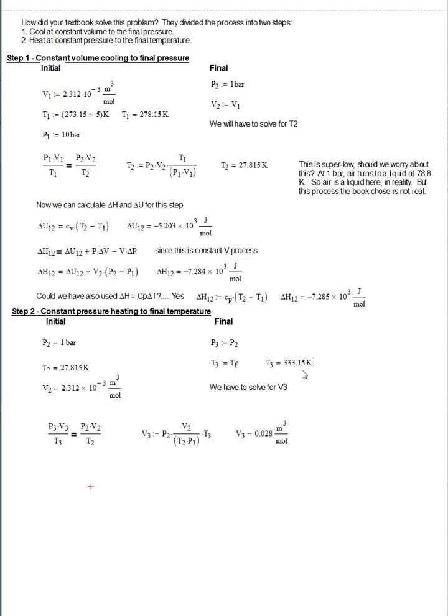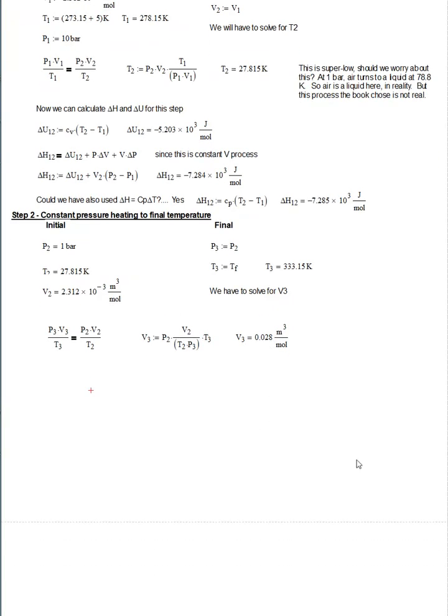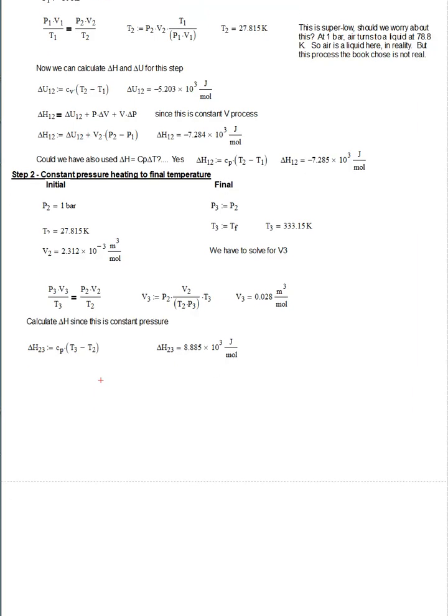T3, that's our final temperature. We know what that is. We don't know what V3 is. So again, we're going to have to solve for V3, and we do that using the given information. Since this is a constant pressure process, we can then calculate delta H. Delta H is equal to CP delta T for a constant pressure process, and we get 8885 joules per mole.